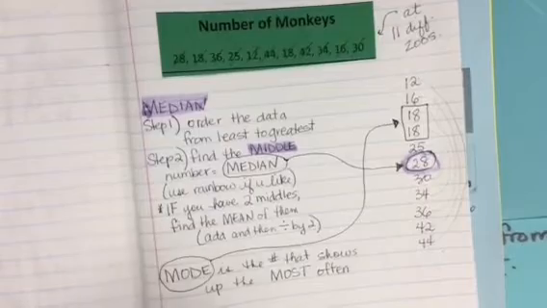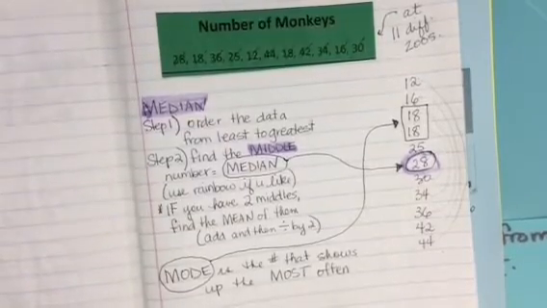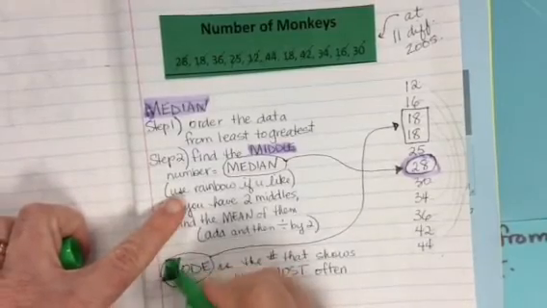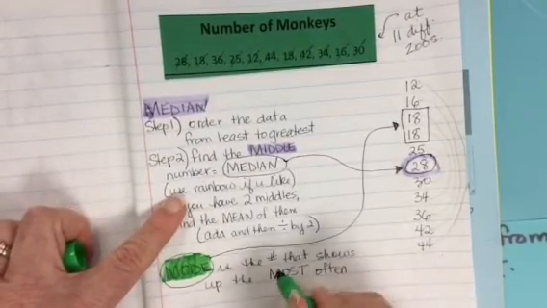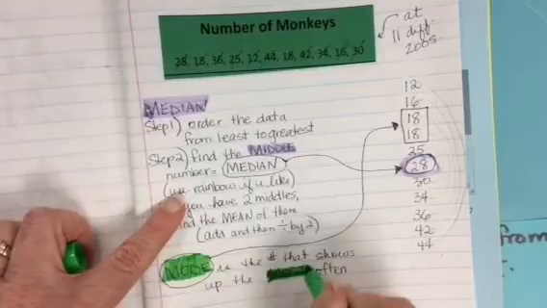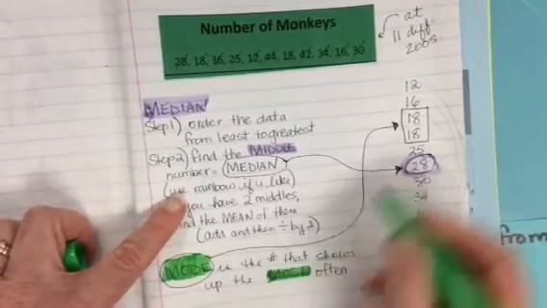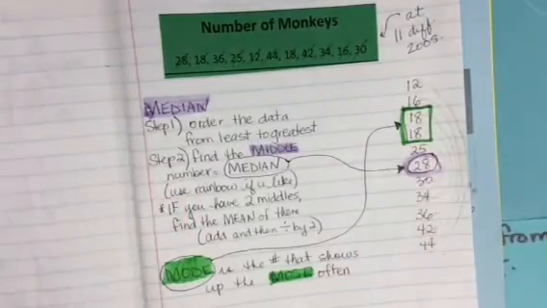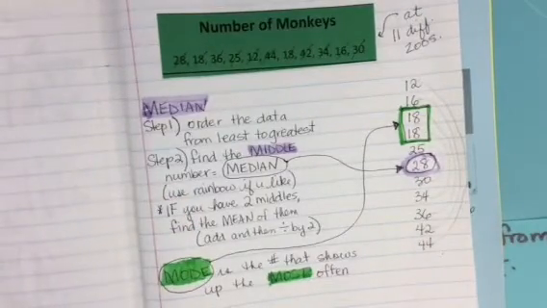The other thing we learned in today's lesson was the mode. The mode is the number that shows up the most often, and my mode, the number that was repeated, was this 18. Sometimes it's possible to have more than one mode.